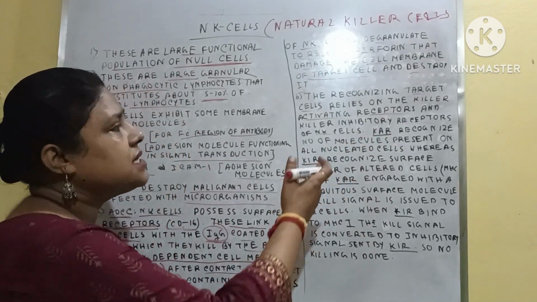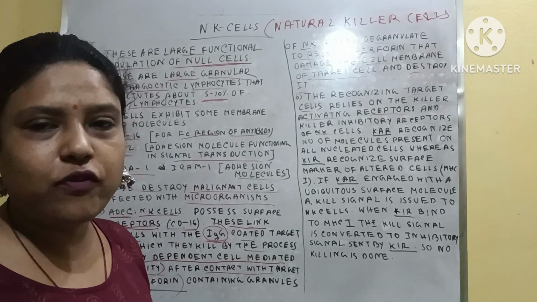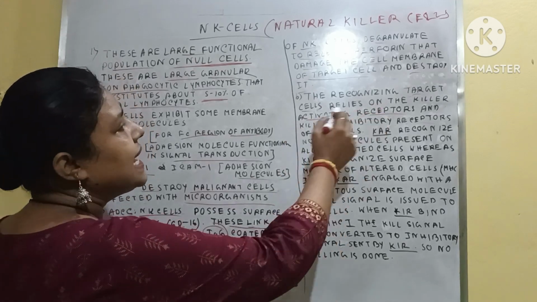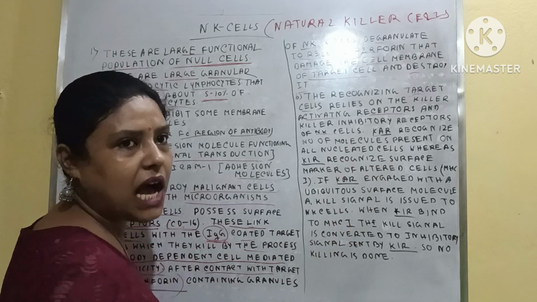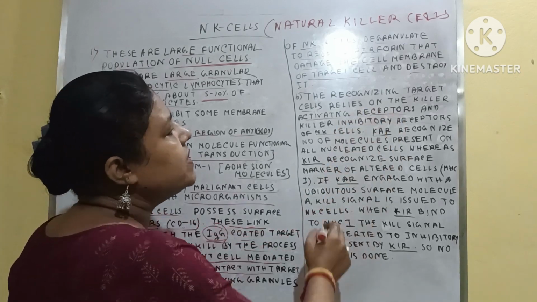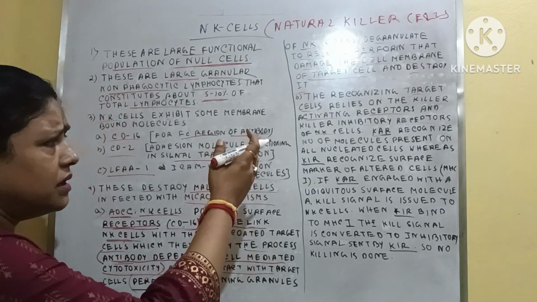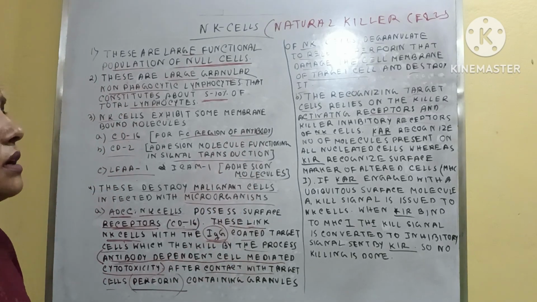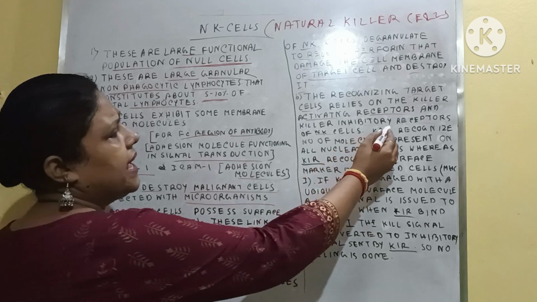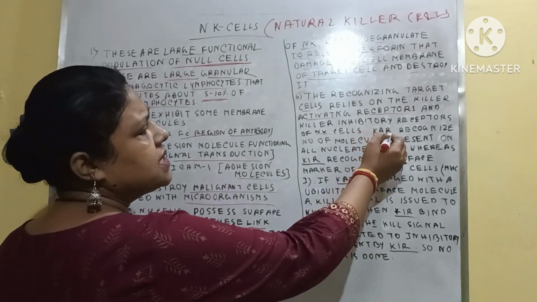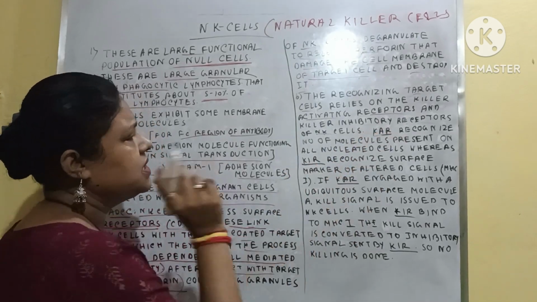Clear? So here I have written the short forms: killer activating receptor is KAR, and killer inhibiting receptor is KIR.